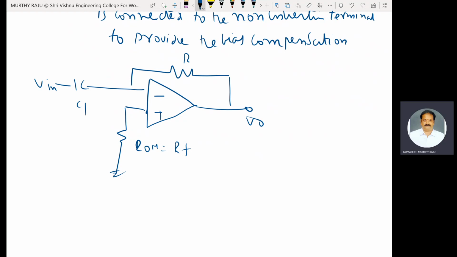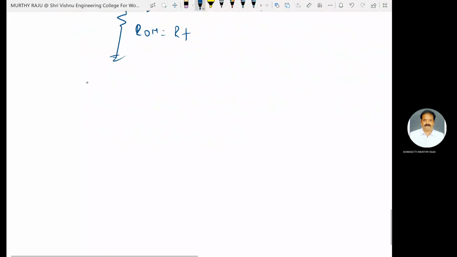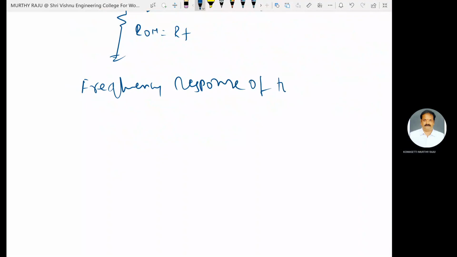Next is the frequency response of the ideal differentiator circuit.